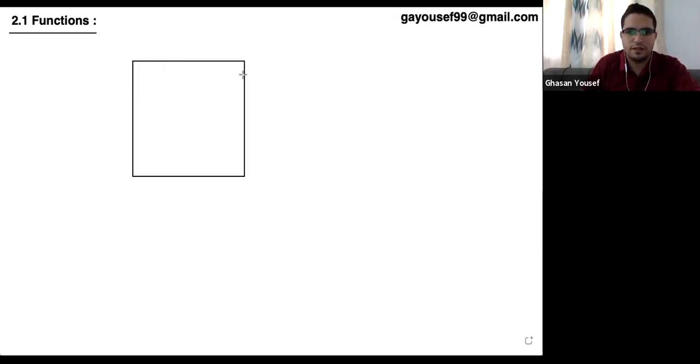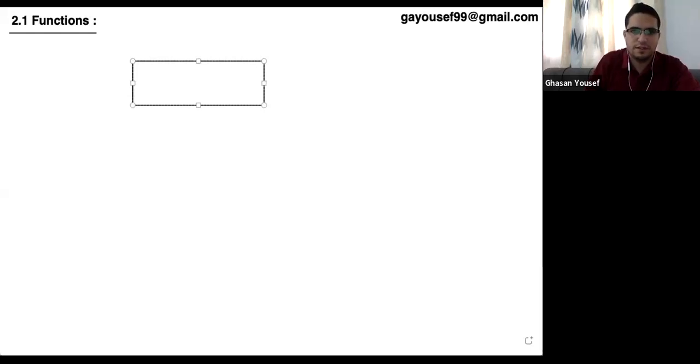Again, a function is like this, a machine. It has input and also has output. This is the input here, and this is the output.